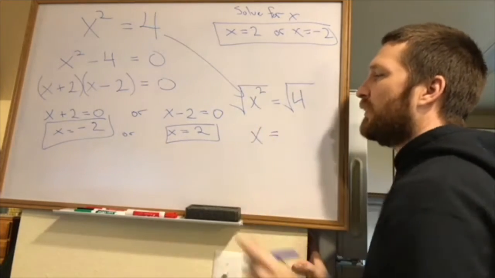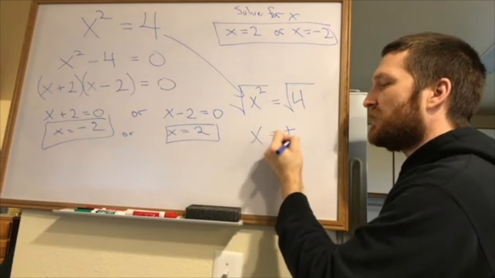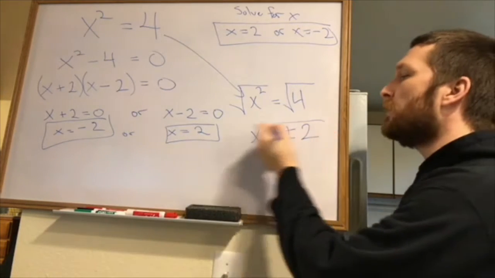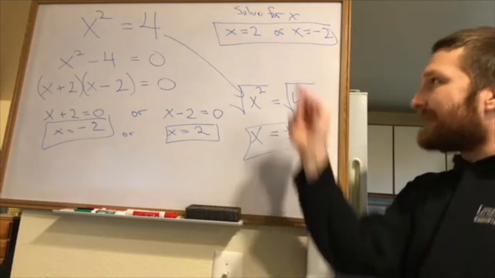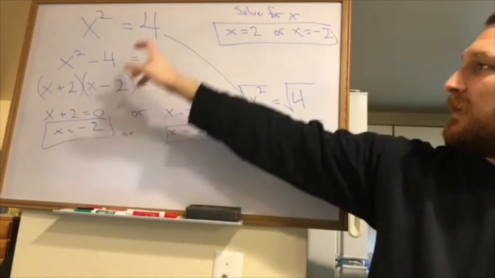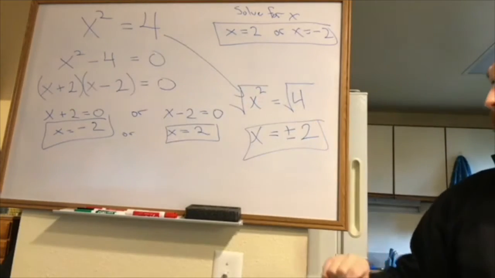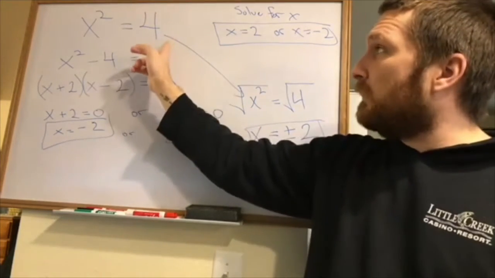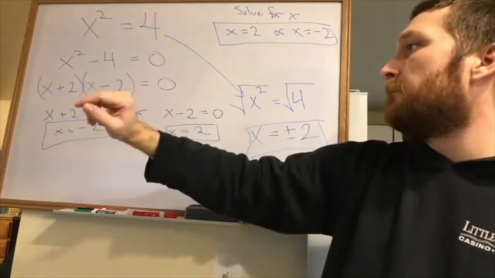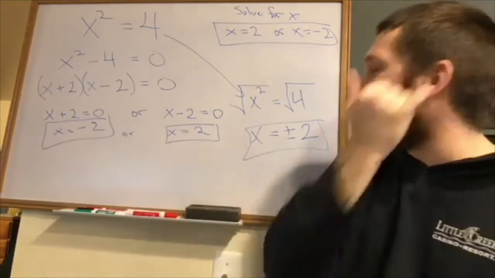But you have to know that whenever you take a square root, you get 2 answers, so you get plus or minus 2. That's exactly what we're saying. It's nice to see that this is consistent. If you get the x by itself, you could take this route. Or you could get it equal to 0, then factor it, and then these factors tell me what the x's have to be.